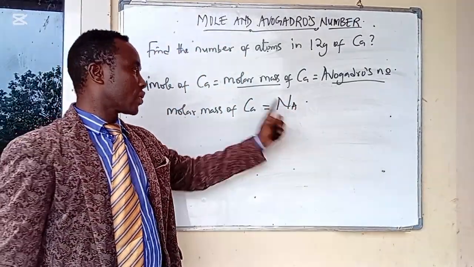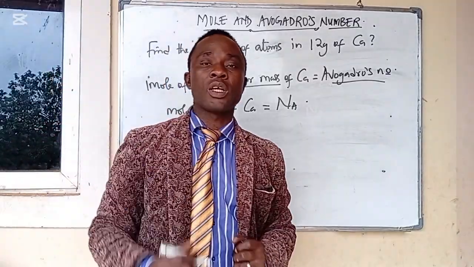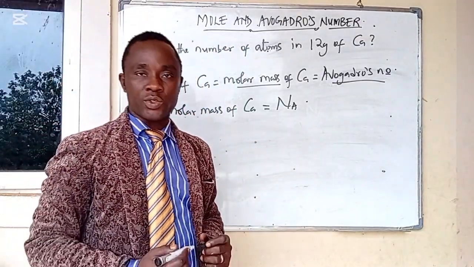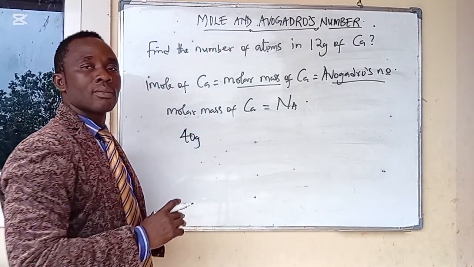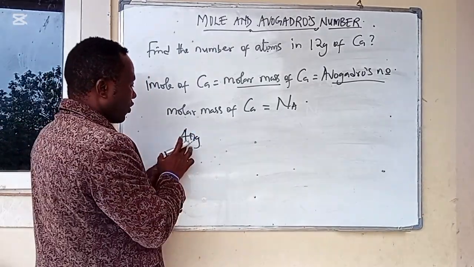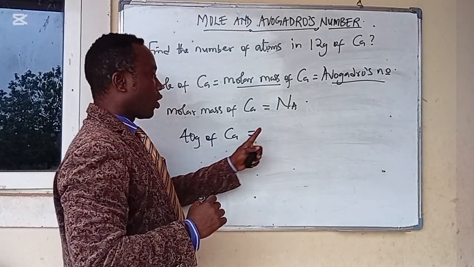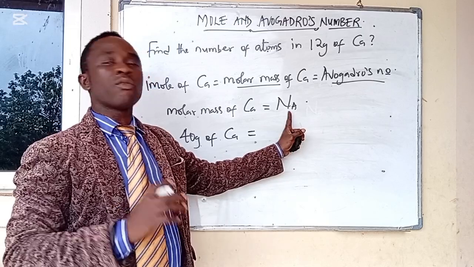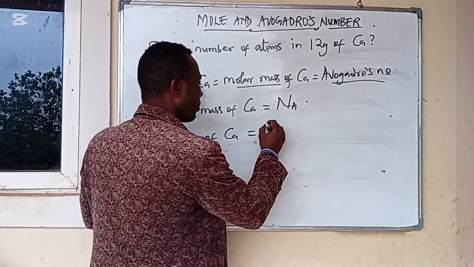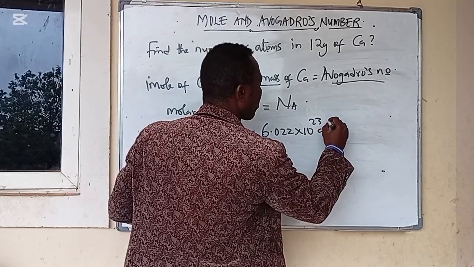Now, what is the molar mass of calcium? From the periodic table, you can get the molar mass of calcium. The molar mass of calcium is 40 gram. So, 40 gram of calcium will always contain the Avogadro's number of particles. Avogadro's number is 6.022 times 10 raised to power 23 atoms.